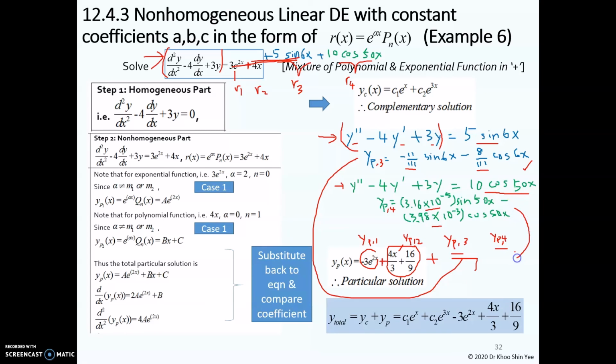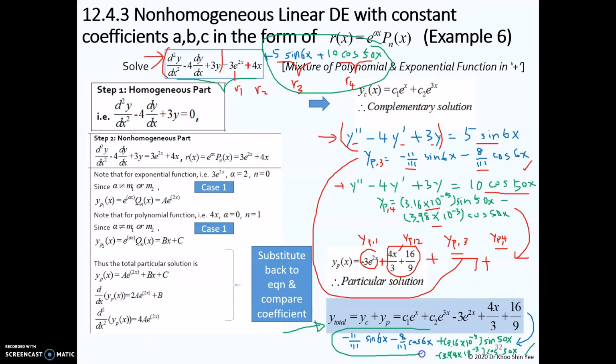Then you can include the yp4 solution here with the summation. So if you add 2 additional right hand side functions to the existing problem, then the total solution will be equal to this, where you have additional yp3 plus the yp4 here.